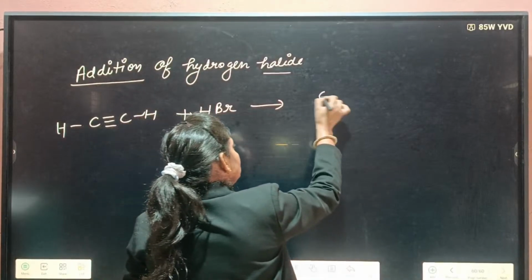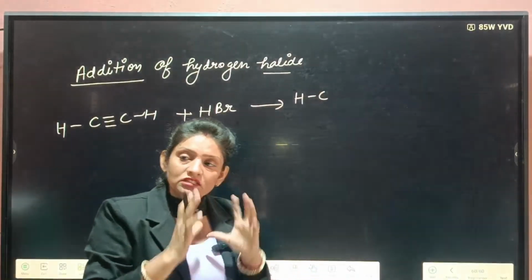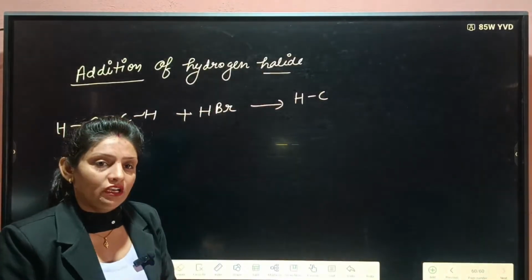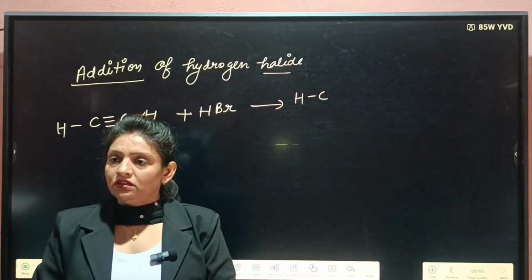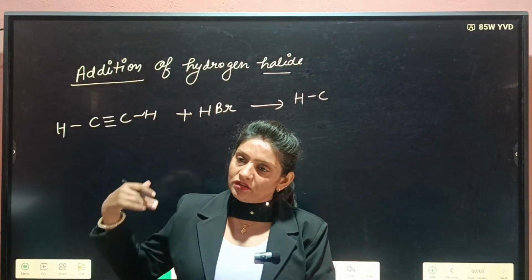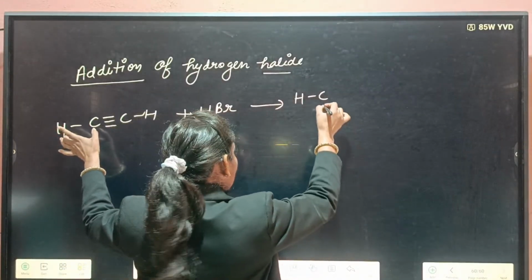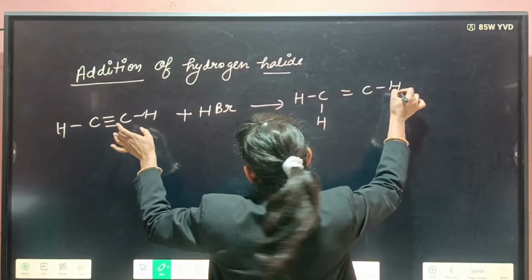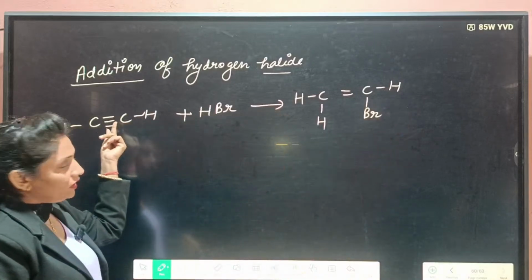This is symmetrical. If it is unsymmetrical, then you follow the same rule, that is the Markovnikov rule. You attach the more electronegative element to the carbon which has the lesser number of hydrogens. And if it is symmetrical, then you can attach to any carbon. So to one carbon you give hydrogen and to the other carbon you attach the halogen, bromine, and one bond will break.